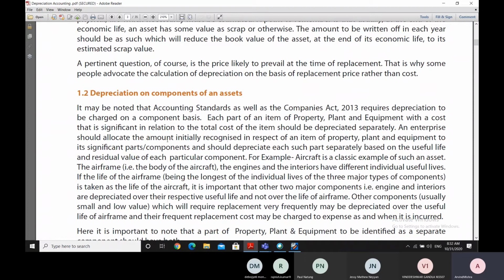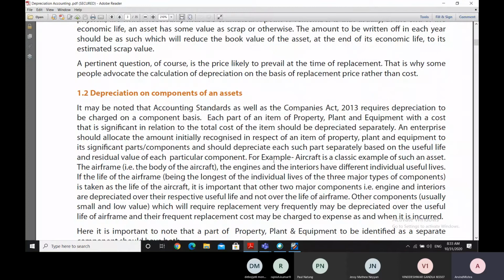So the first thing is to recognize the significant components, and then each such component should be separately depreciated based on whatever is the useful life and whatever is the residual value of each particular component.